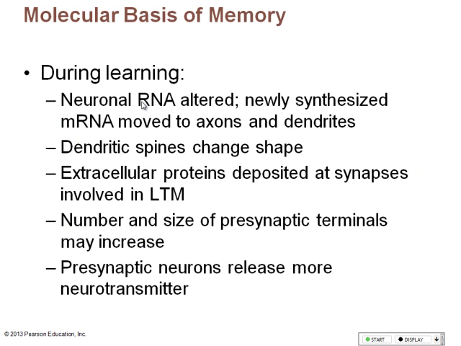So, neuronal RNA is altered during learning. That's the RNA in your neurons. We make more messenger RNA that moves through the axons and the dendrites. What was messenger RNA for? It creates copies of what?